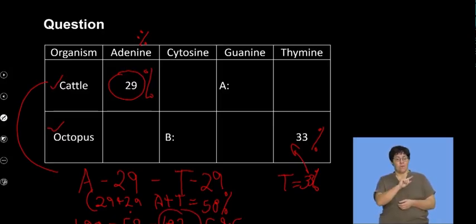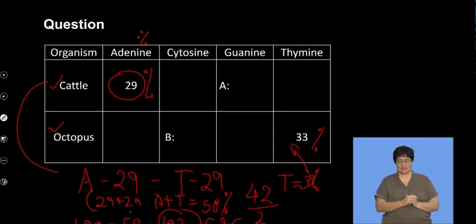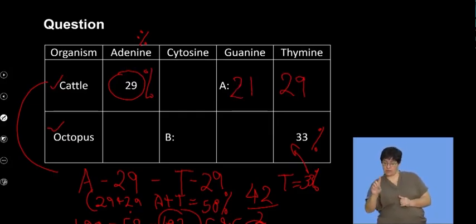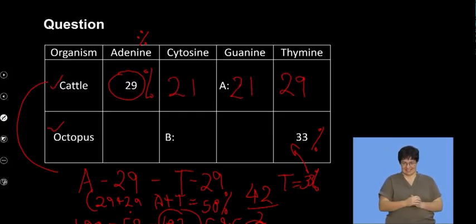Because guanine and cytosine are always equal, we distribute that equally between the two. So we divide it, and each of guanine and cytosine constitutes 21%. So adenine makes up 29%, thymine would be 29%, and guanine and cytosine make up the balance of 21% each.